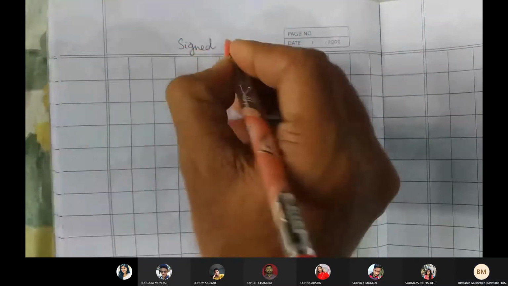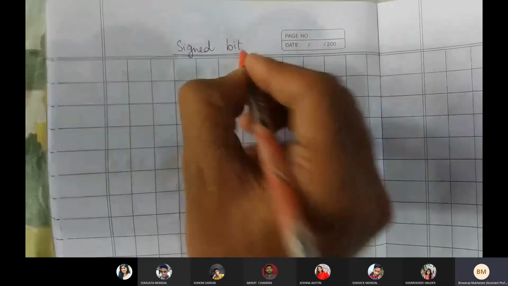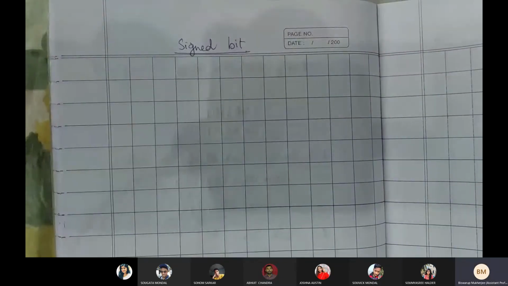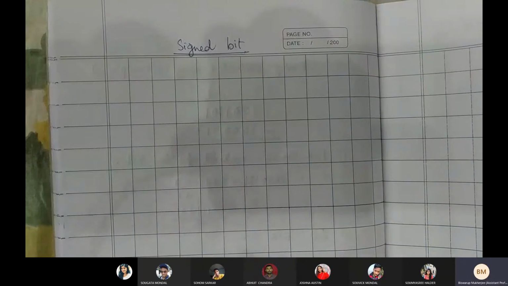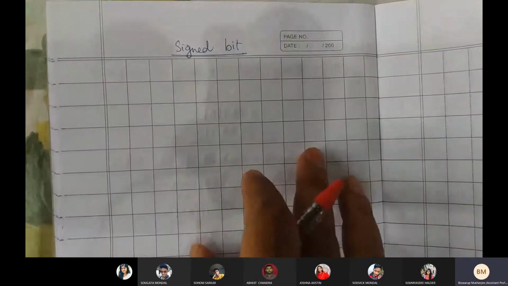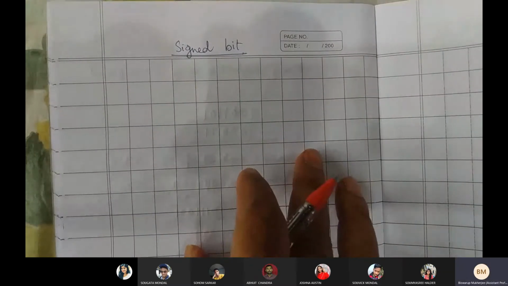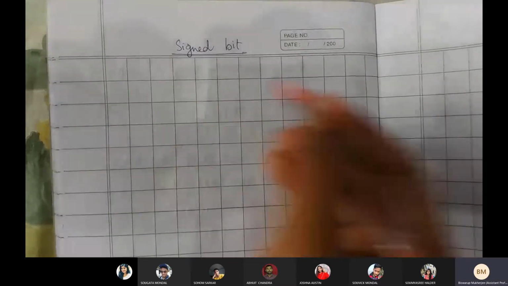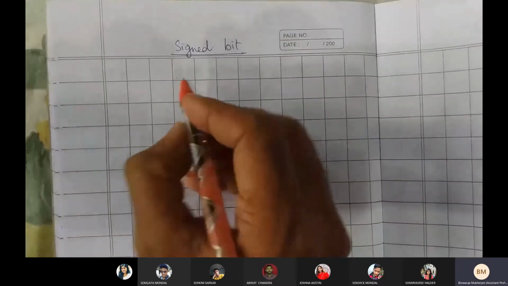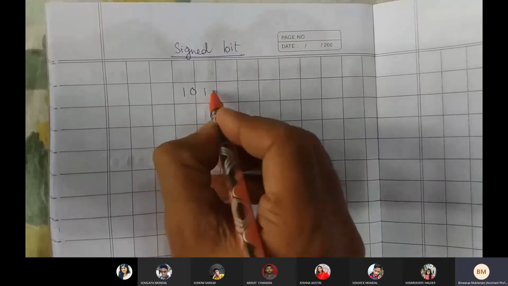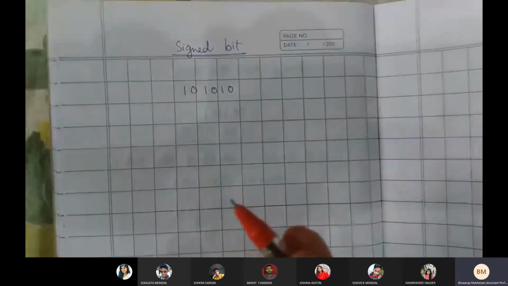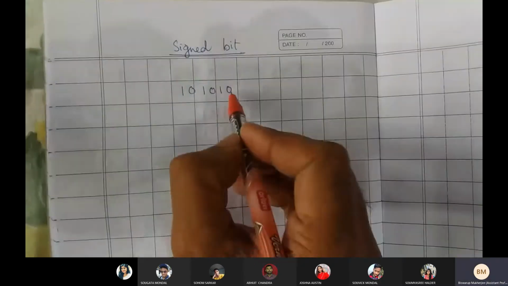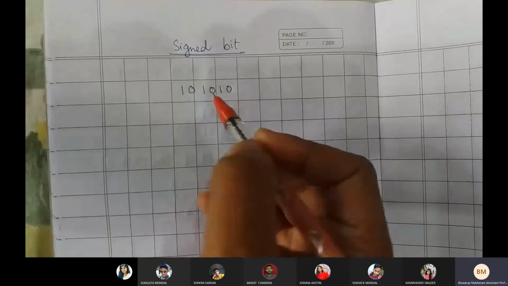For the sign bit, make sure that the most significant bit is actually the sign bit. Now, what is that? In a binary number, suppose it's a number like this, 1 0 0 1 1 0. How many bits are there? 1 2 3 4 5 6. 6 bits are there.